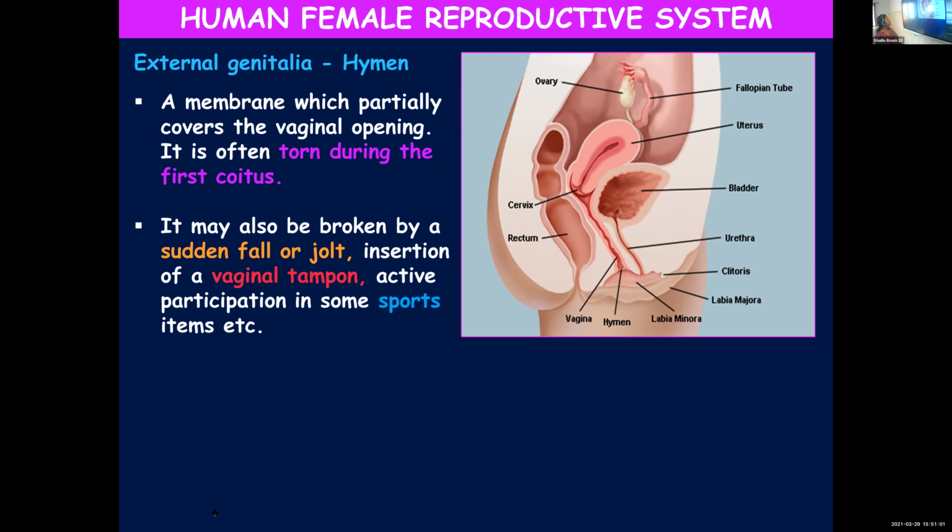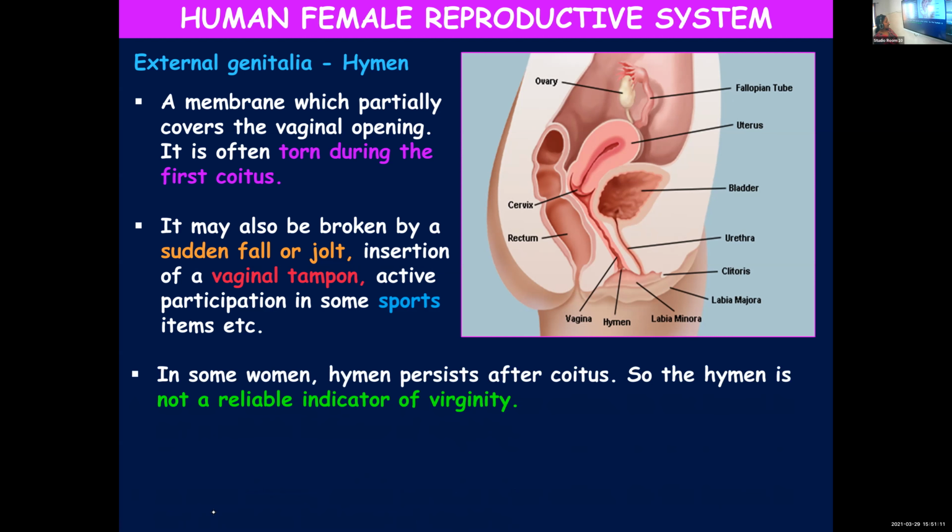Active participation in sport events, horse riding, cycling, in all these activities, it may get damaged. In some women, hymen can even persist after coitus. So the hymen is not a reliable indicator of virginity.